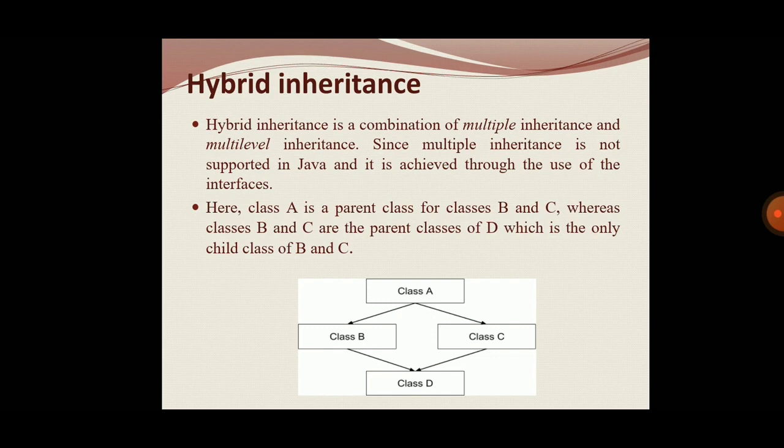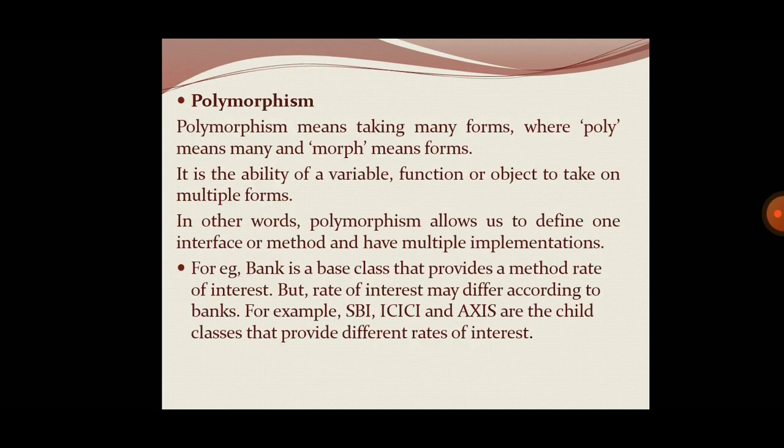Since multiple inheritance is not supported in Java, it is achieved through the use of interface. Class A is the parent class of class B and C, whereas class B and C are the parent classes of D, which is the child class of both B and C.